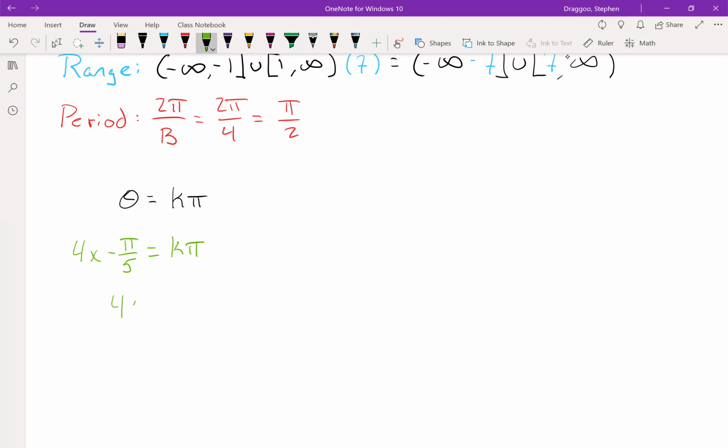So 4x is equal to pi over 5 plus k pi, meaning that x is equal to pi over 20 plus k pi over 4. And if I wanted to get a common denominator here, this could be pi plus 5k pi over 20.